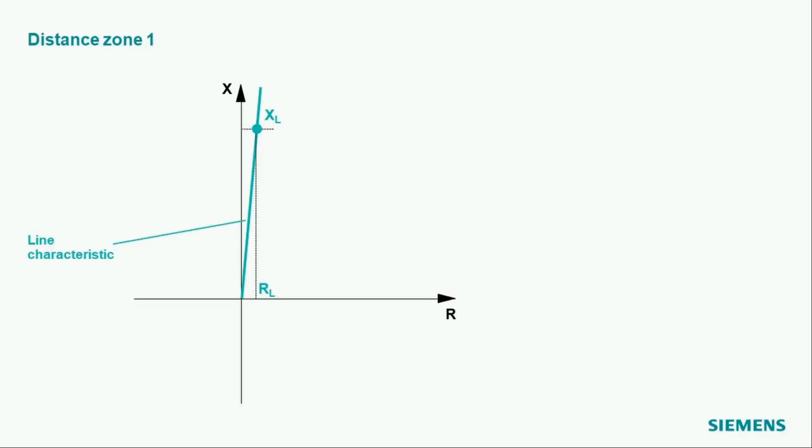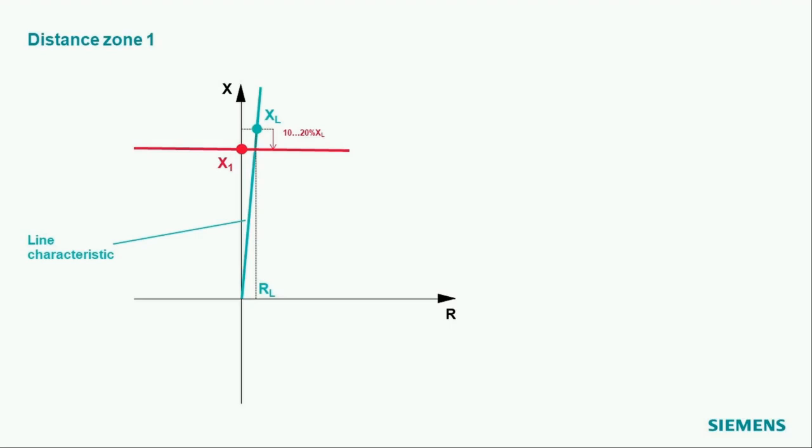We start with the same thing. We have here our line characteristic. We have the line impedance consisting of the reactive part XL and the resistive part RL. And now we make our limit a bit deeper, a bit lower, to avoid these wrong trips.